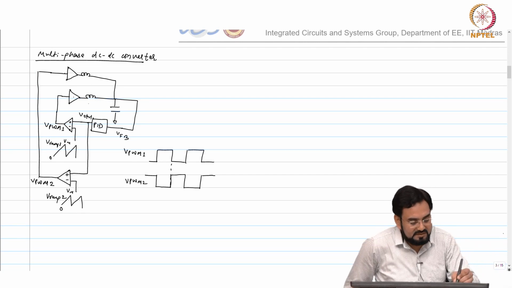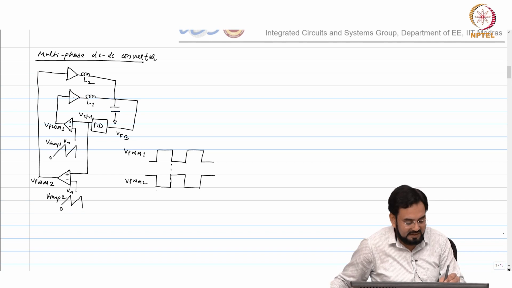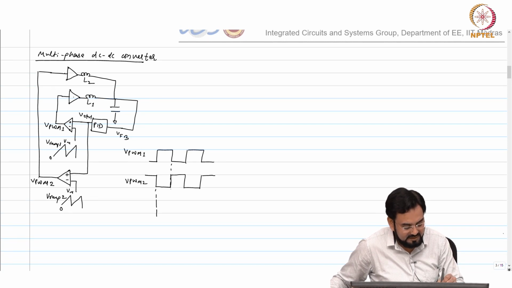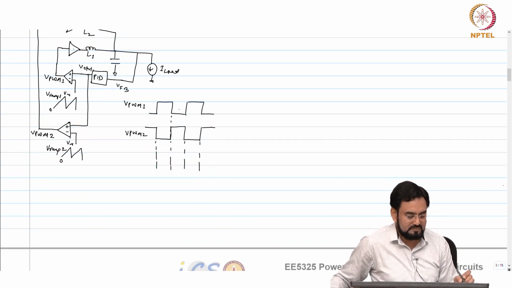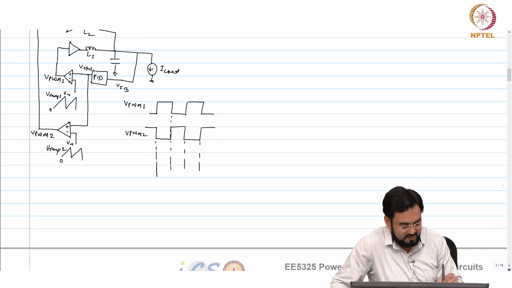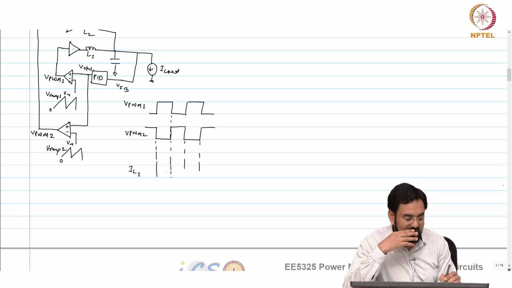So, if this is L1 and this is L2, what will be the currents? How the current will look like? So, if this is load, let us say I load, IL1 will be rising or falling during this time?